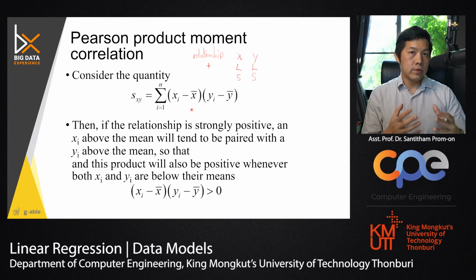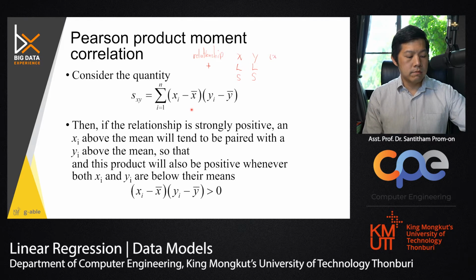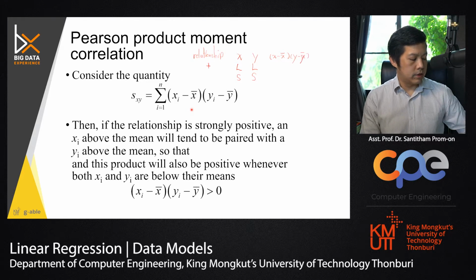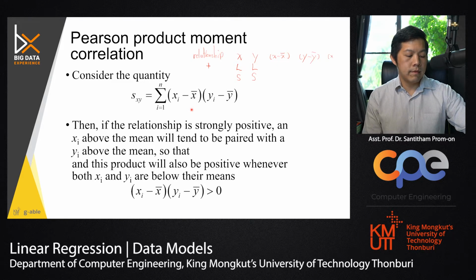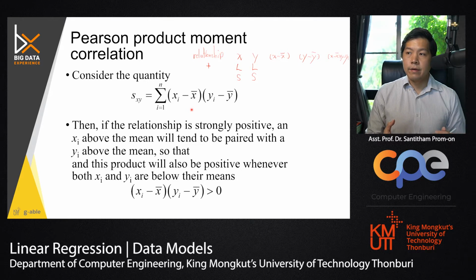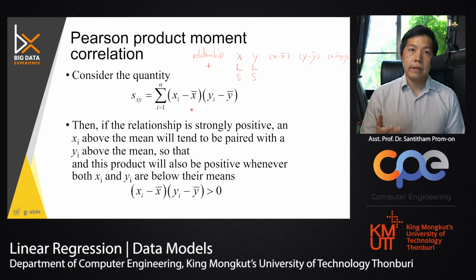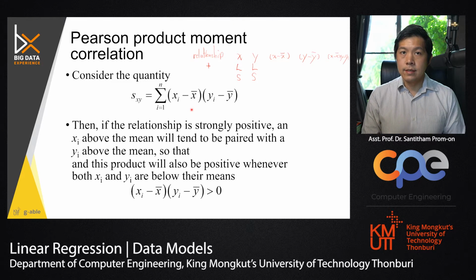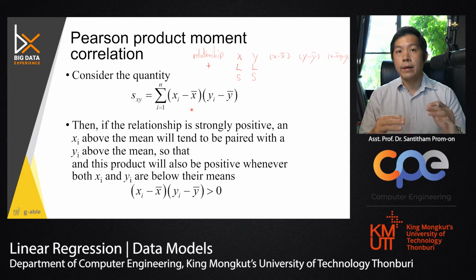And once you have that, that means the x minus x bar and y minus y bar, oops, I should separate them first. The multiplication between them, x minus x bar, y minus y bar, would have a certain sign, right? Because when you have a large value of x, that would imply that the value is more than usual, more than the mean.